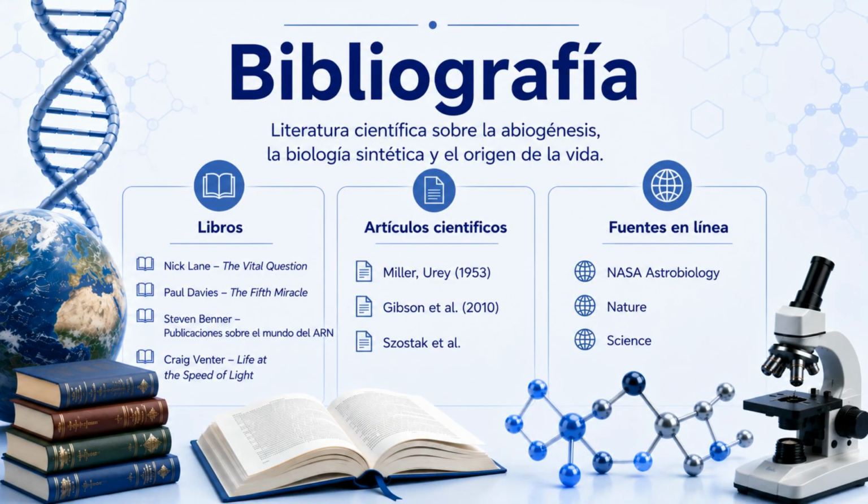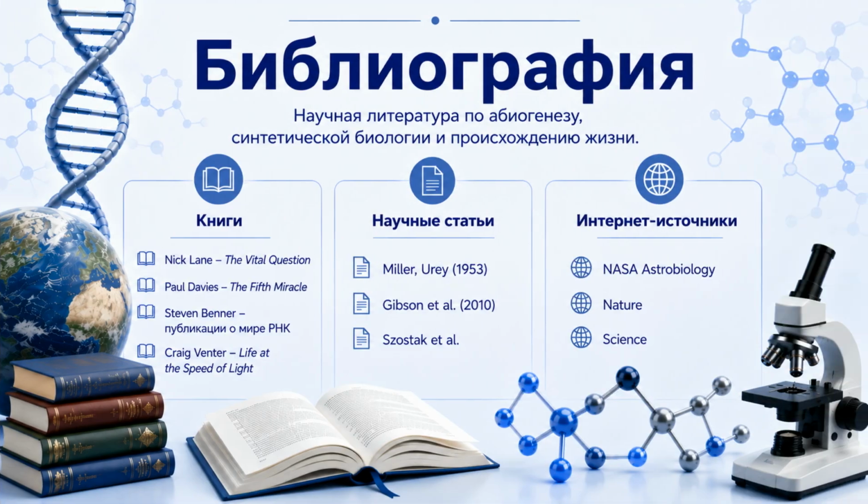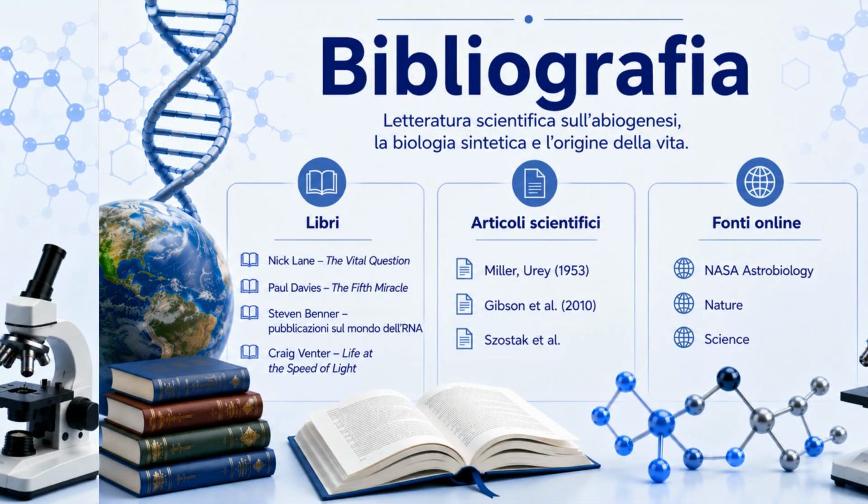This video is supported by a comprehensive list of resources, including scientific literature on abiogenesis, synthetic biology, and the fundamental origins of life. Our bibliography features key works like The Vital Question by Nick Lane and The Fifth Miracle by Paul Davies, alongside essential publications from authors like Craig Venter.